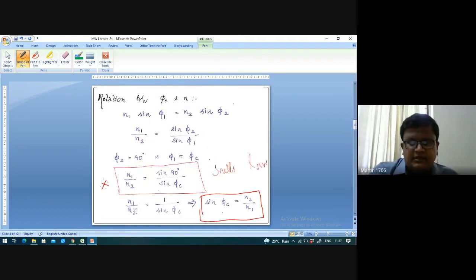Then we gave a relationship between phi c, the critical angle, and the refractive index. Using Snell's law, remember n1 divided by n2 equals sine theta 2 divided by sine theta c. The condition we provided is that the incident angle is 90 degrees, so sine 90 degrees is 1, and we obtained this relation.